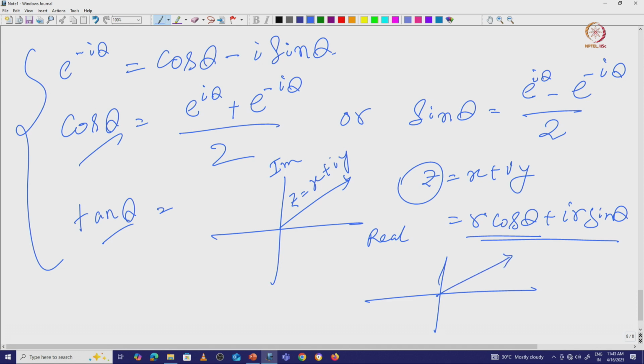So, we can represent it like this: r cos theta and r sin theta, on the imaginary and real axes.